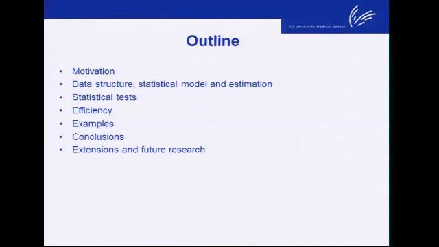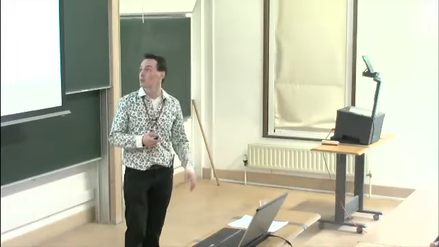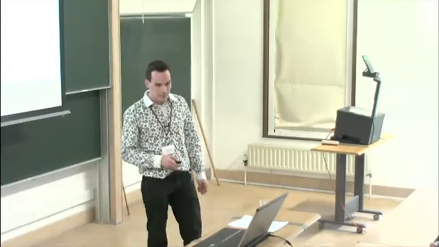The outline of the talk is as follows. I will first give some motivating examples and present the design which we propose. I will comment on the data structure and the statistical model and present an algorithm to estimate the parameters which we need for the statistical tests, which I will discuss after that.